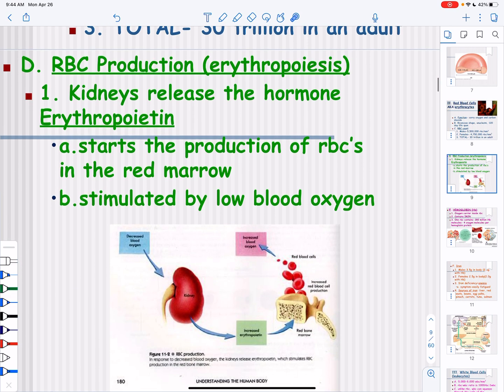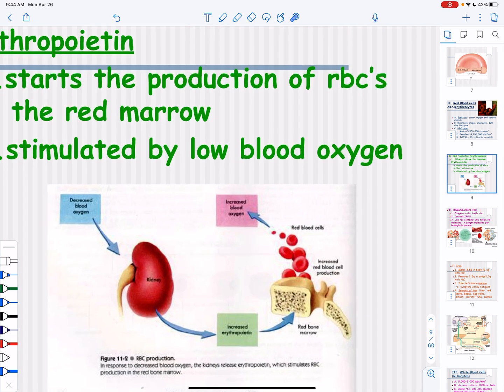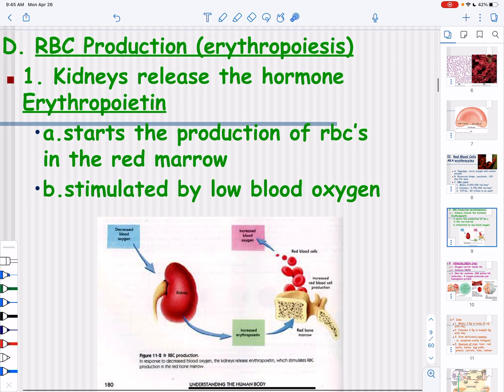Okay, so how do we know how to produce red blood cells? Well, we have a process called erythropoiesis. And erythropoiesis is stimulated by low blood oxygen. When you have low blood oxygen, your body picks up on that decrease in oxygen, and it stimulates a hormone to be released.